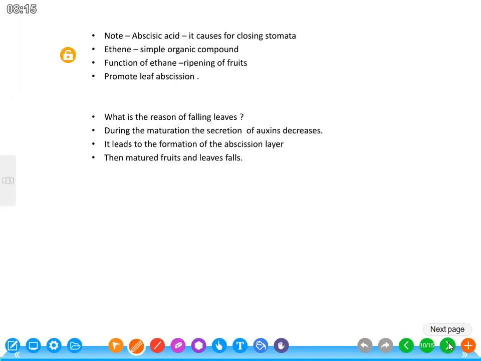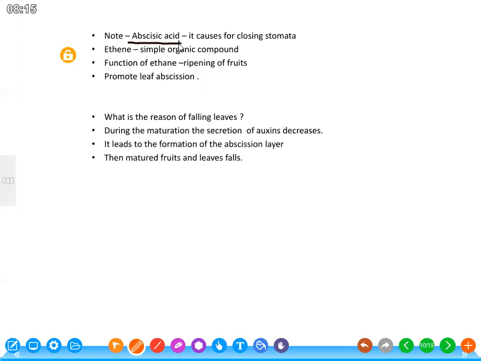Then abscisic acid. It causes closing of stomata, so transpiration is decreased.